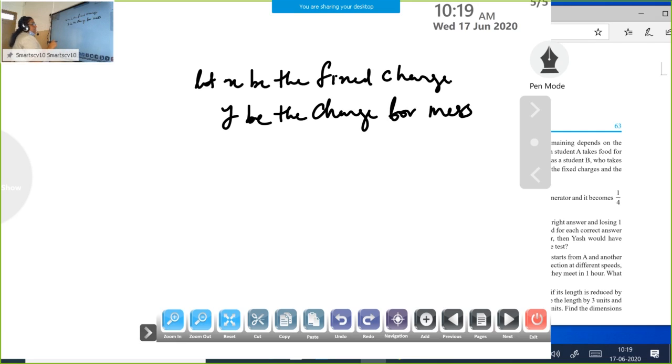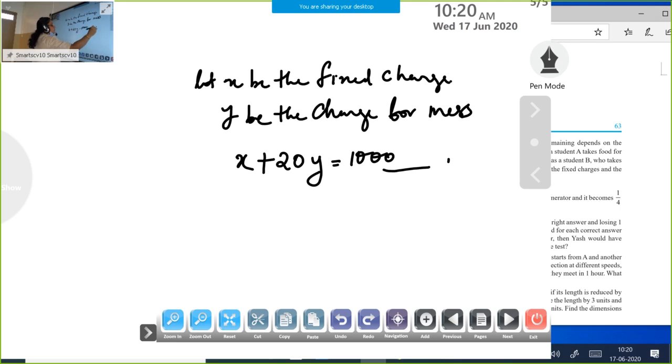Then the first condition: a student takes 20 days of food and pays rupees 1000. That is the fixed charge X plus 20 days of food, 20 into Y, is equal to 1000. Equation number 1, X plus 20Y is equal to 1000.